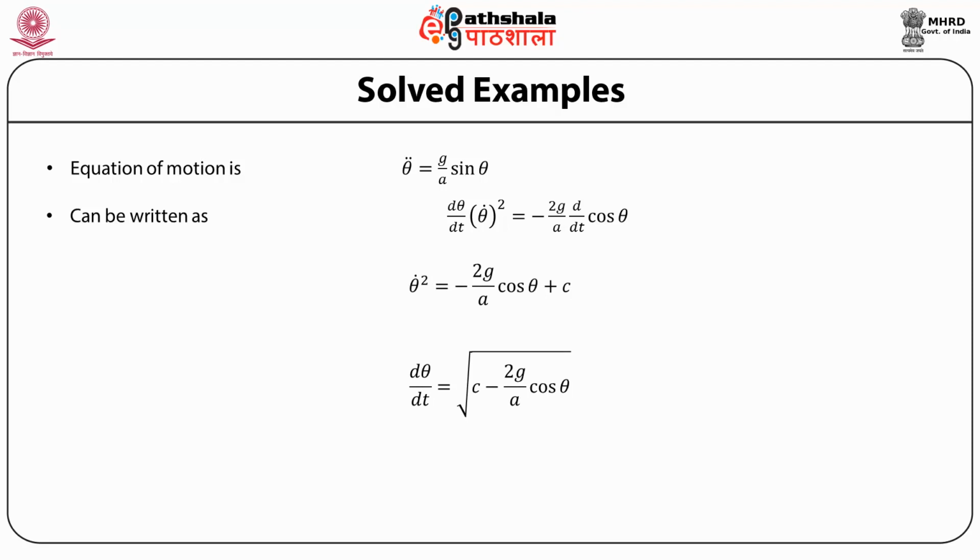C is a constant of integration, and this can be further integrated to give t in terms of theta: time is equal to the integral of d theta divided by under root c minus 2g by a cosine theta, plus yet another constant of integration.